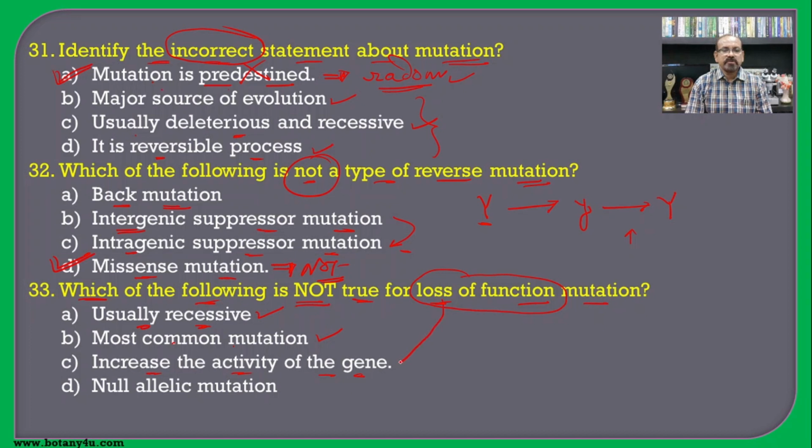So this is not loss of function. This is known as gain of function, and hence not true, which means this is the correct answer for this question. And null allelic mutation is also right. So in this way, the not true one, that is increase in the activity of the gene, the gain of function mutation, is the correct answer for this question.